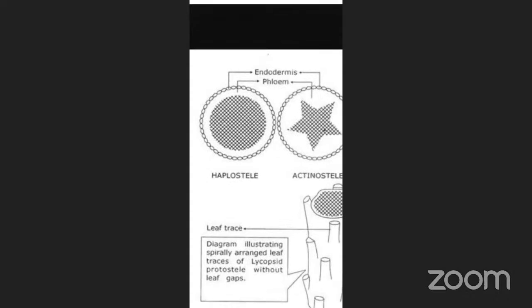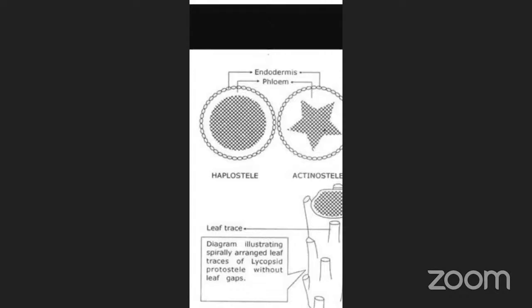Okay. All other types of stele have been derived from this in the course of evolution. The protostelic system starts at the very young stage, and is permanently retained in the adult stem of fossil as well as living pteridophytes, like Rhynia and Psilotum.